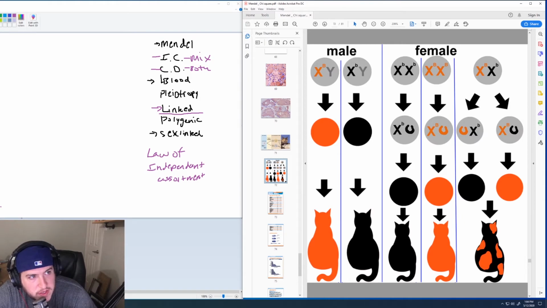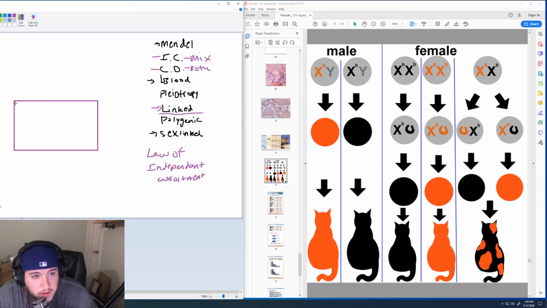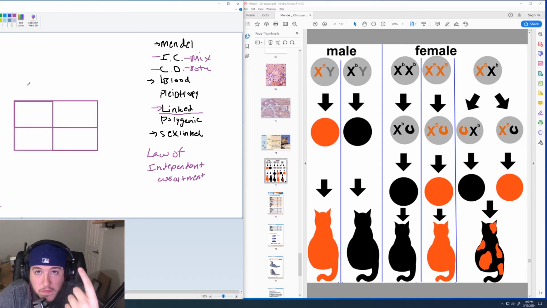So remember that you do a Punnett square, just like normal. Okay. But what you have to remember about sex linked is that, first of all, males have an X chromosome and a Y chromosome. Females have 2 X chromosomes. Okay.